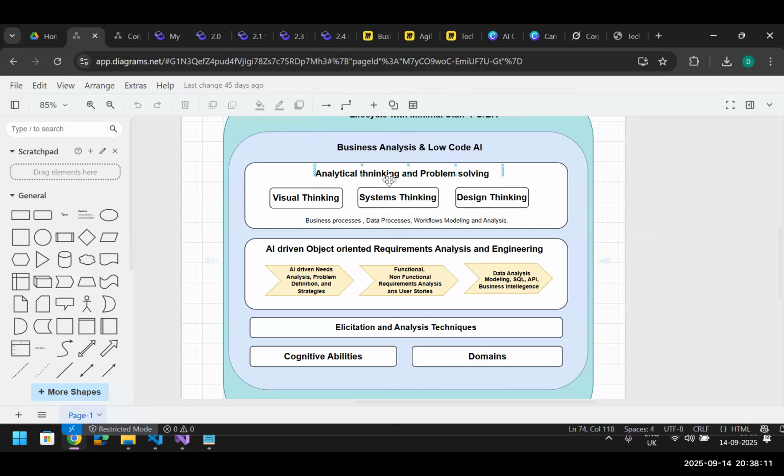Now coming to the other module, which is object orientation. Today, the whole IT industry, information technology, right? I already told you the business analyst is all about the alignment between the business and IT.